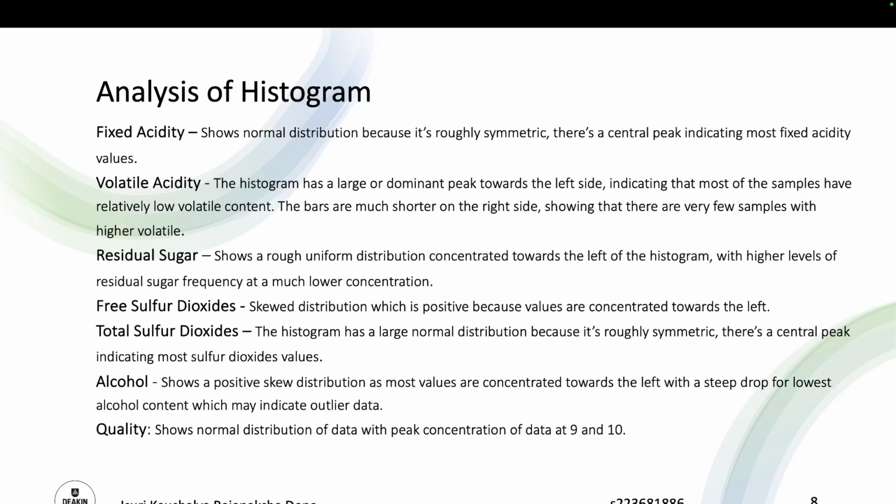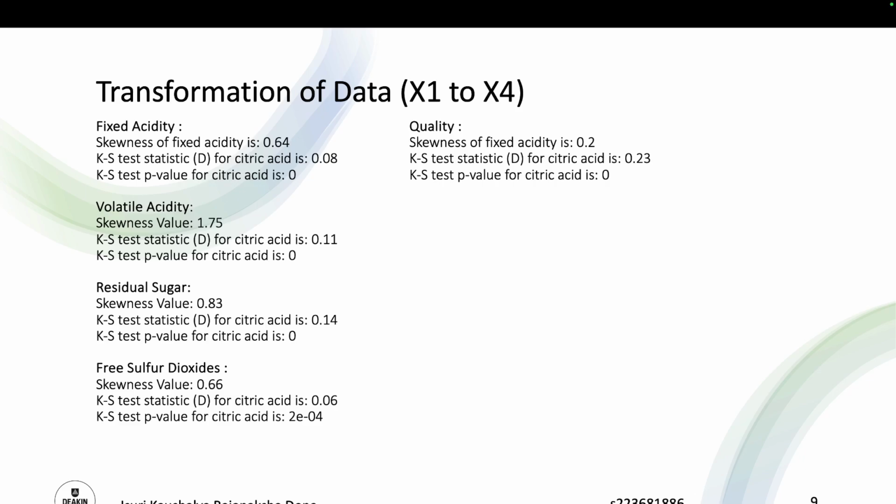To quantify normality departures, I computed the skewness and the Kolmogorov-Smirnov test against the fitted normal. Most variables, especially volatile acidity and residual sugar, show positive skew and reject normality at a small p-value. This justifies log1p for x1 to x4 and for y.